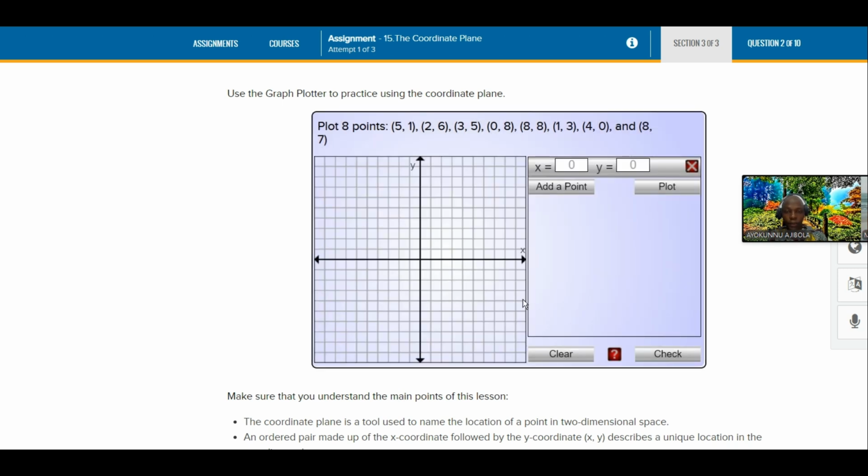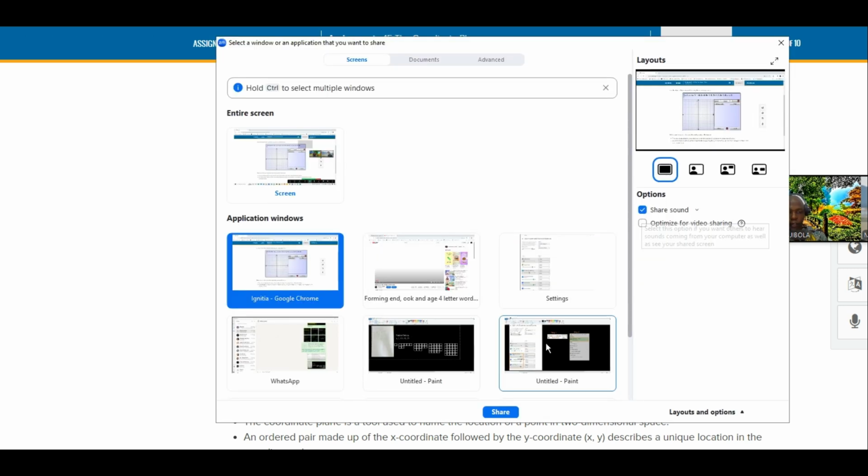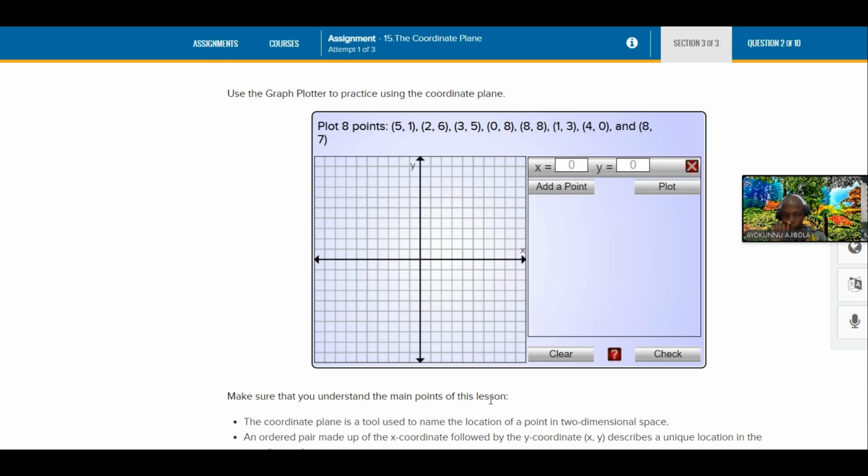Okay, let's look at this, okay? Just in case it might have a sound, that's why I want to show the sound. Now, let's see. We want to plot 5, comma 1, okay? 1, 2, 3, 4, 5.